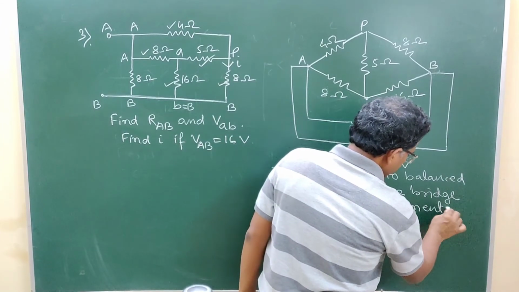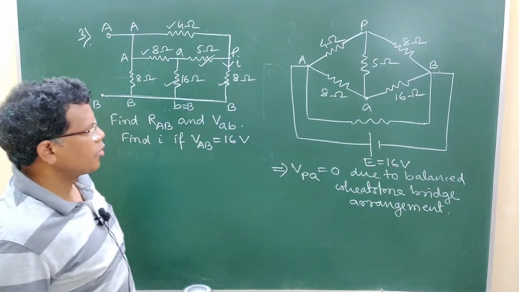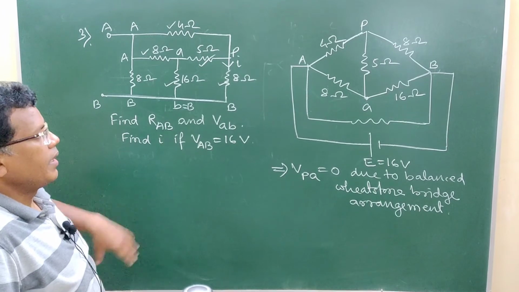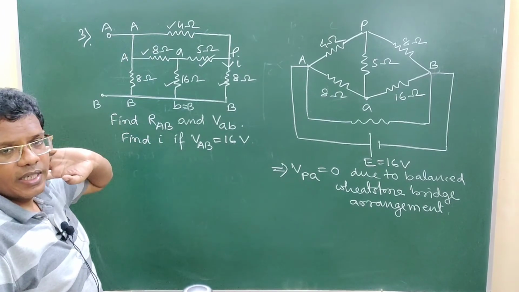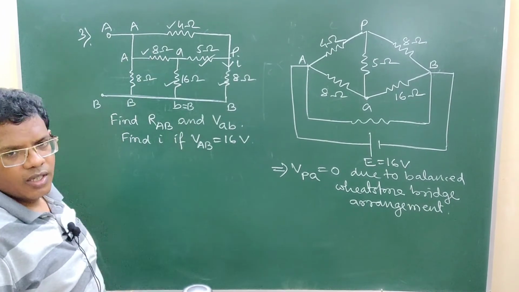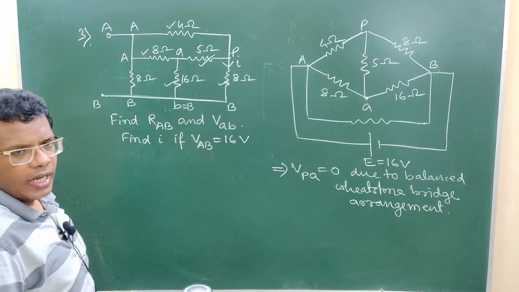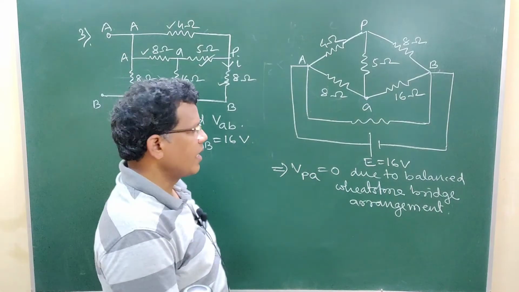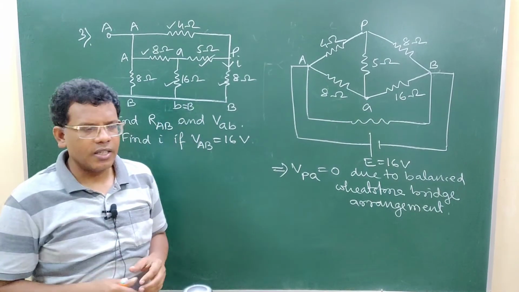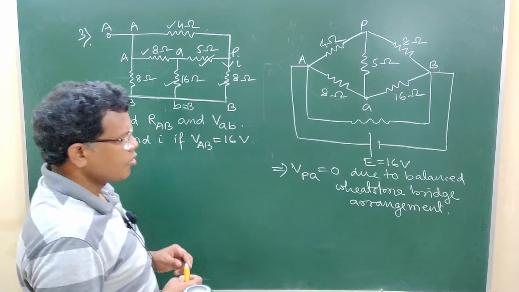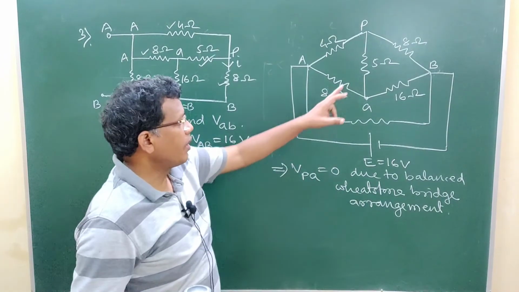So in many circuits, you will be given the balanced Wheatstone bridge condition, but that will be represented in a different structure. But actually, if you can redraw it as per our general understanding to visualize a balanced Wheatstone bridge, then we can easily reach the conclusive idea.